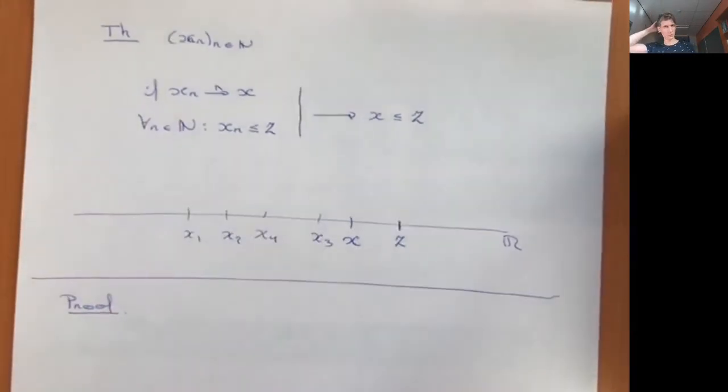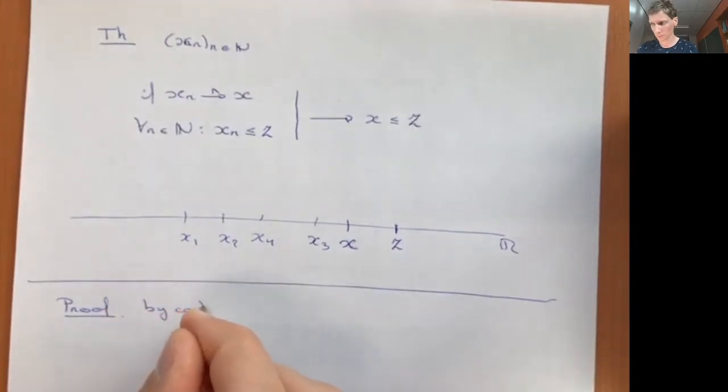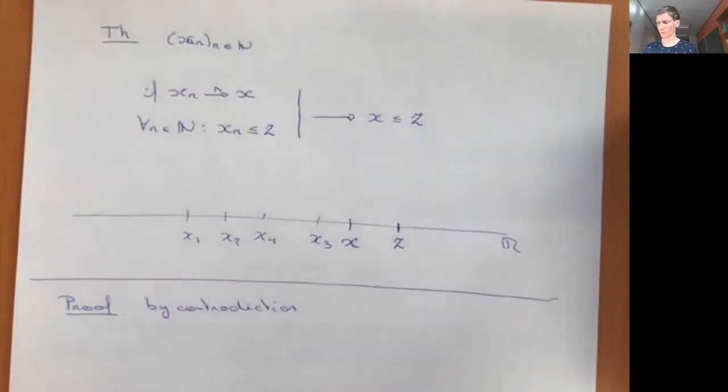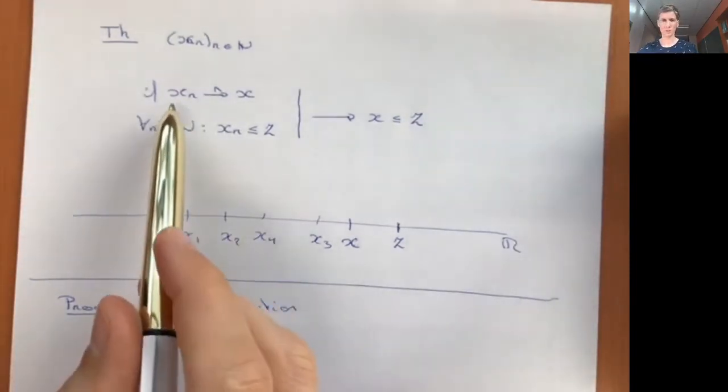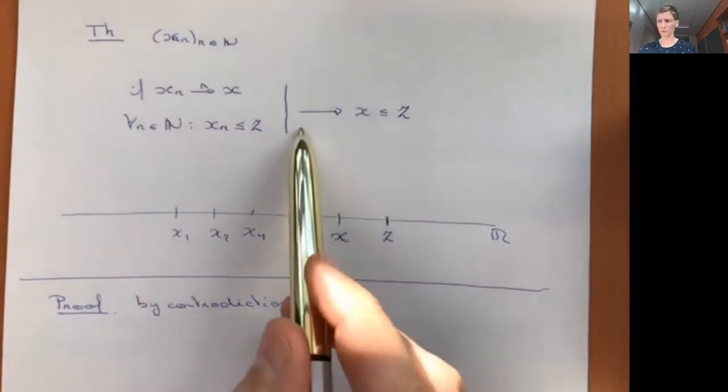So for the proof, what are we going to do? Let's try a proof by contradiction. Here we have an implication: if this is true, then this is true.